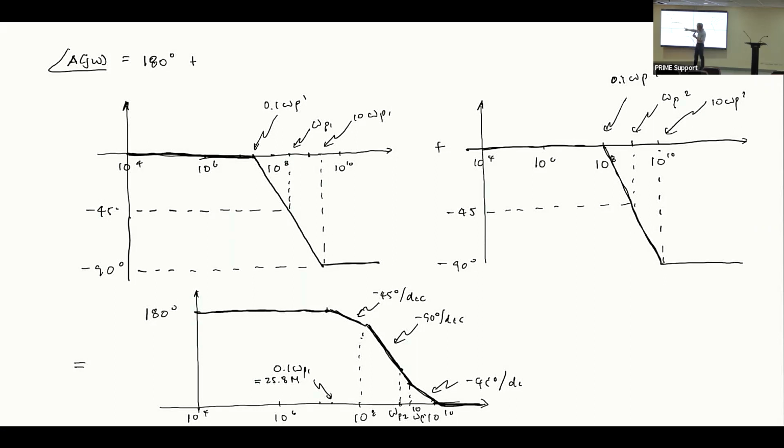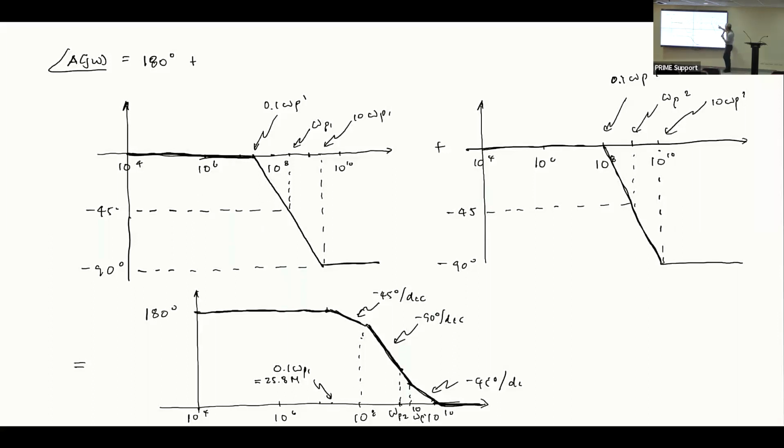Okay, at 277 megaradians per second, you'll be at negative 45 degrees. And then at 2770 megaradians per second, you'll be at minus 90 degrees. So you have this. That's for the input pole.